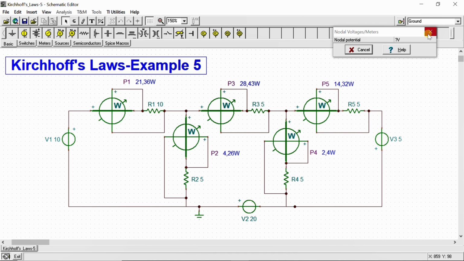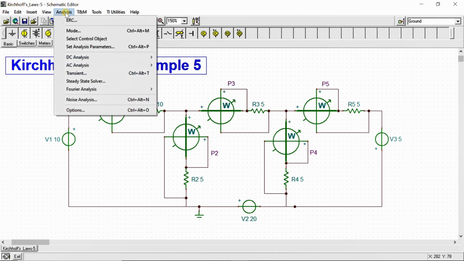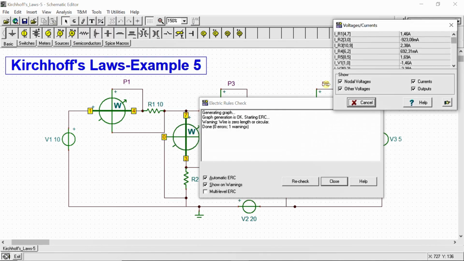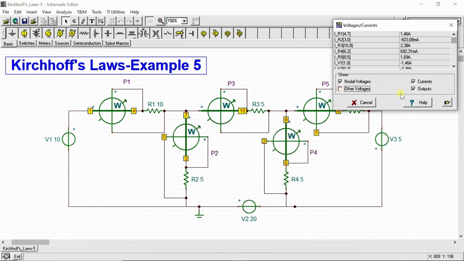Let's go now to see also the values of the currents we calculated. If we go here to DC, let's go to table of DC analysis. I will only leave currents. That's our currents. If I click here on this resistor, we can see that the current is 1.46 amps. If you click here, that's negative 923.08 milliamps.